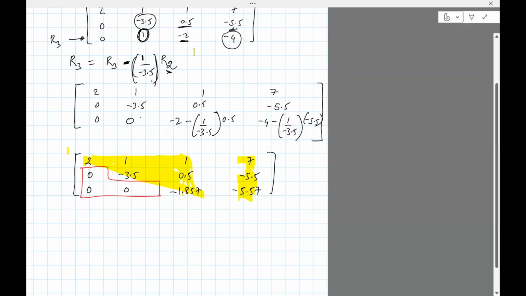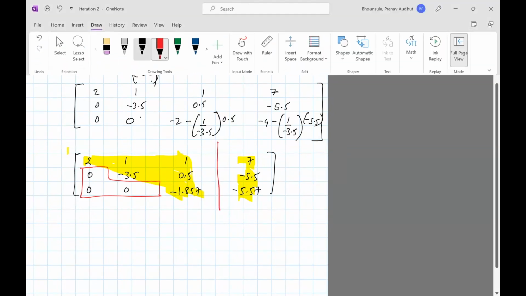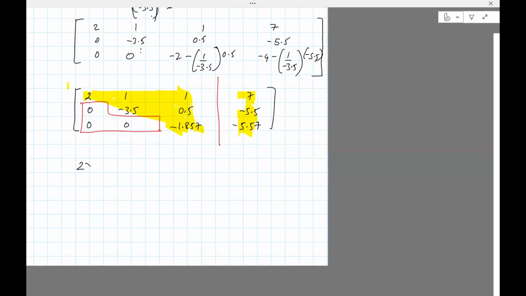So you see, it's in upper diagonal format. We don't care about this part because that's the right-hand side. Okay, now what's left is to back substitute. This is just saying that the equations now are in this format.